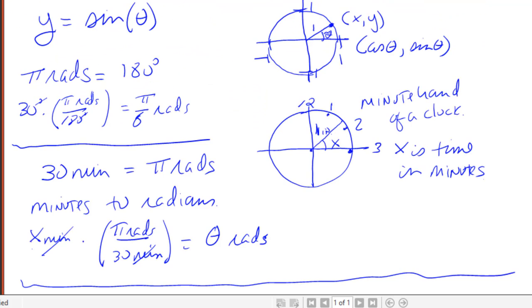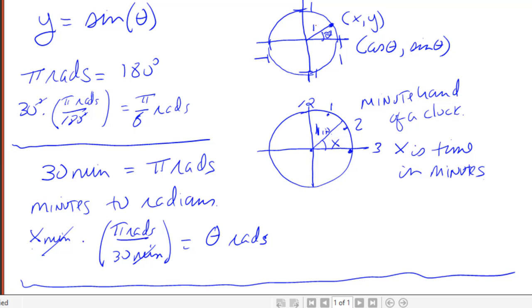I want to also emphasize something. When we define the sine function, it was in degrees of a unit circle. Now, we can also expand this so it's not a unit circle, but really, I like to think of it as the sine function is defined on the unit circle.